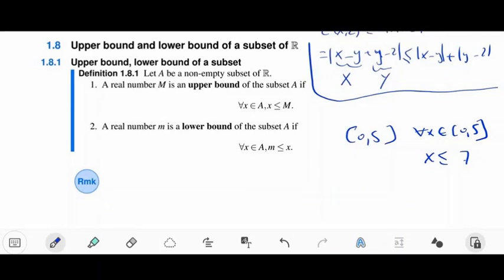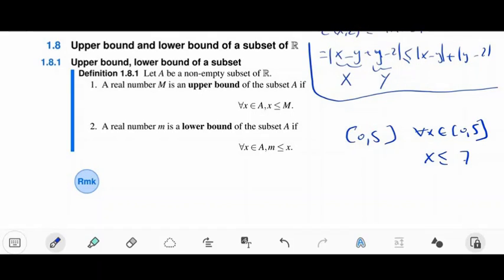Because any two elements in R are comparable with this relation. So if you take x in [0, 5] and any other number outside, let's say 7, you can say x is less or equal than 7. You cannot take an element and say that you cannot compare it to an element of [0, 5]. Of course you will be able to compare it, because the order is total.